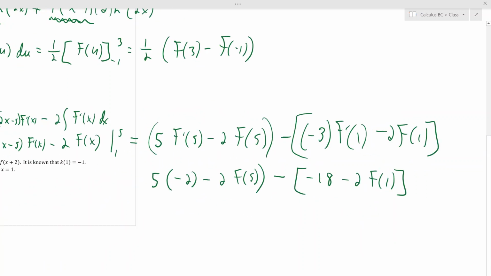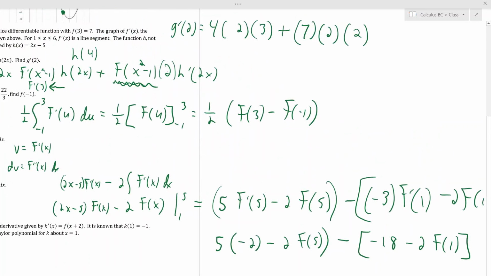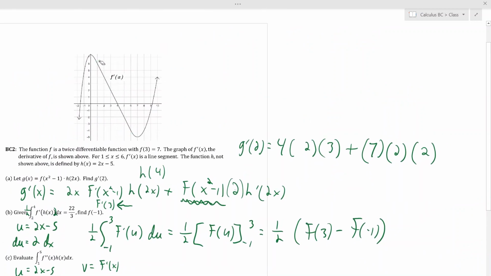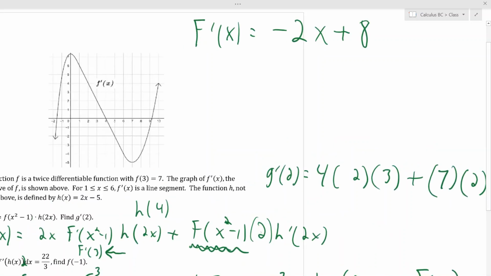So we're missing f of 5 and f of 1, and the only reason we can find them is because I have f prime, and f prime is just a line. On this interval right here, because this is just a line, f prime of x is -2x plus 8. So we plug a 4 in there, plus 8. That's what f prime of x is, and that's only from 1 to 6.